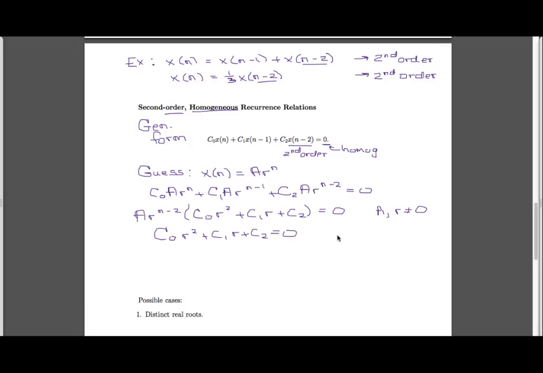And what we end up getting is some sort of quadratic polynomial, which is good news because we know that we can solve this in one of two ways. We can either solve it by factoring, which is our favorite way to do it, or we can use the quadratic formula to solve.